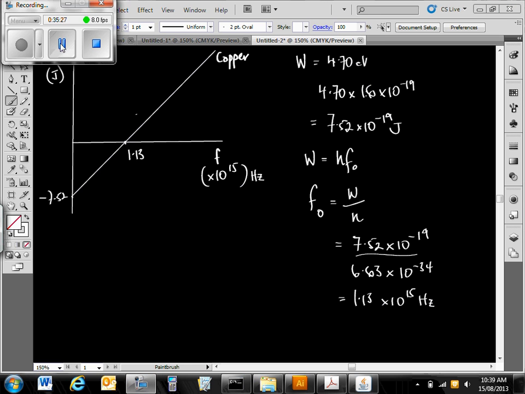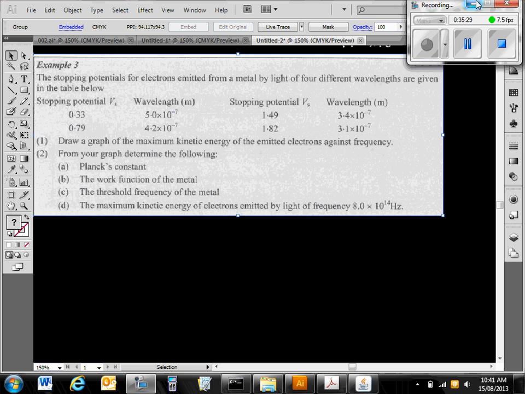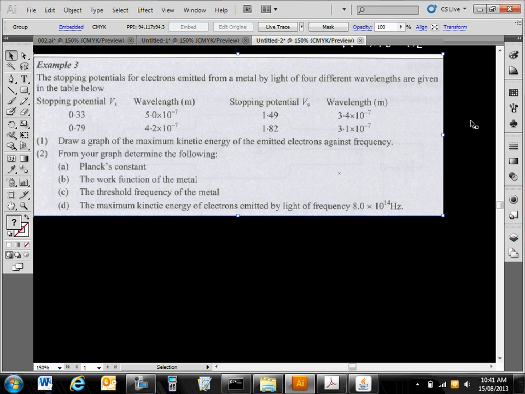Another example. Example 3, the stopping potentials for electrons emitted from a metal by light of 4 different wavelengths are given in the table below. So here's some values where they've irradiated these wavelengths of light onto a metal surface, and they've recorded at what point those electrons just didn't make it to the other electrode: 0.33 volts, 0.79 volts, 1.49 volts, and 1.82 volts.